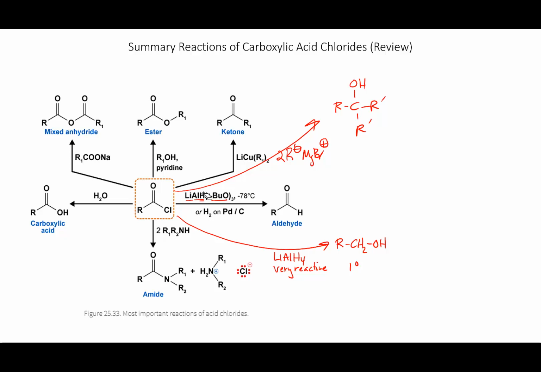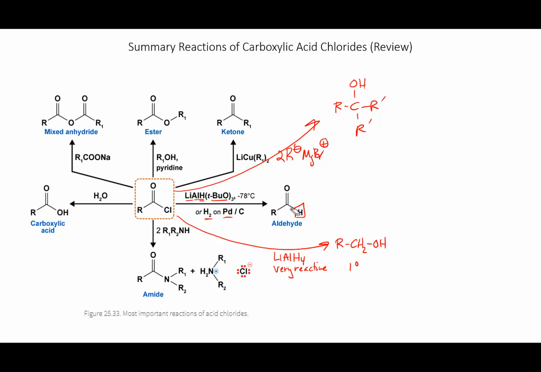That will only add 1 hydride and will produce the aldehyde. So that's an easier way of doing that reaction. You can also use hydrogen and palladium to reduce the acid chloride to the aldehyde. It can be done. It's not that big of a deal.